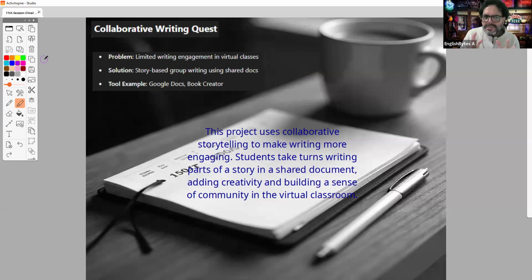Not that common, because normally we know it's the last skill we develop, but some students are not used to writing really long sentences, let alone a paragraph. So this is similar. What's the problem? Well, limited writing engagement in virtual classes.